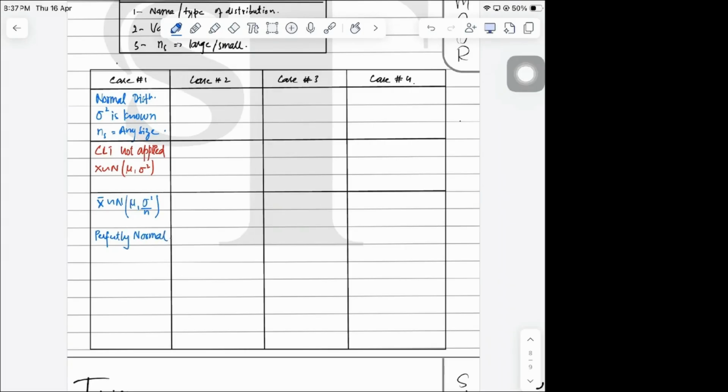And in this way, the formula for this one is exactly Z will be equal to x bar minus mu, divided by sigma over under root of n.